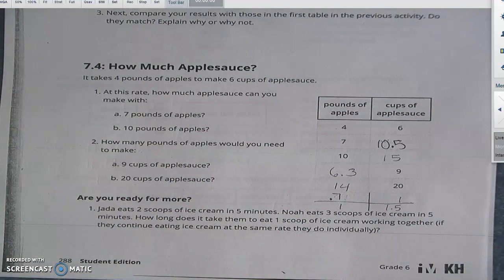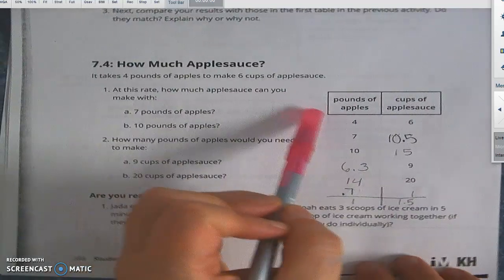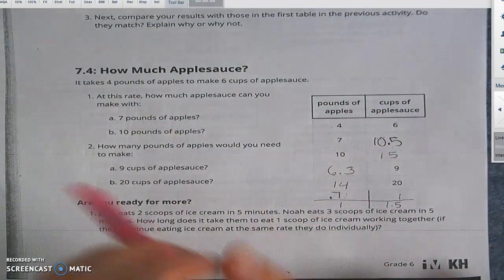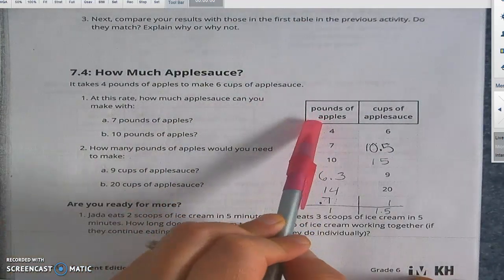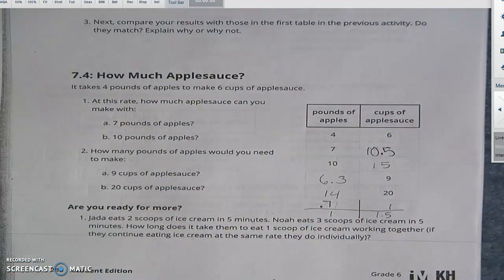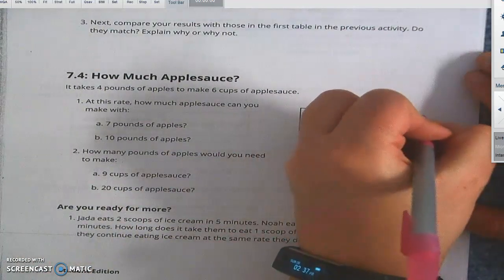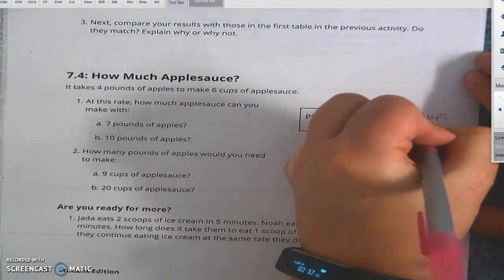But we had the pounds of apples and the cups of applesauce, and we were trying to find either one or the other, but we knew that it took 4 pounds to make 6 cups of applesauce. We are going to add a unit rate column onto this table. So we are going to add cups per pound.